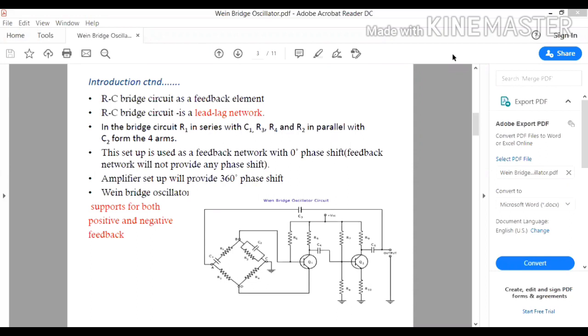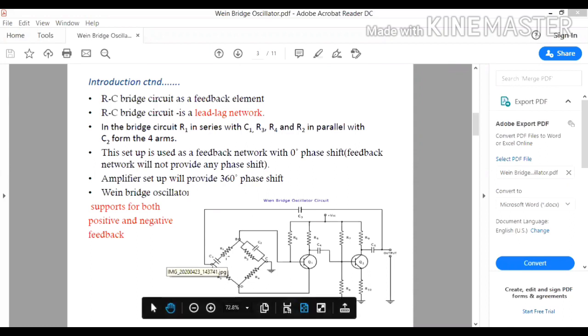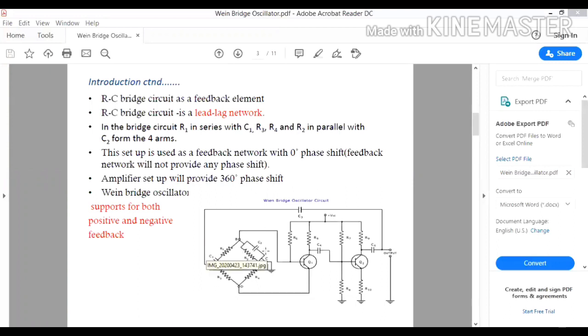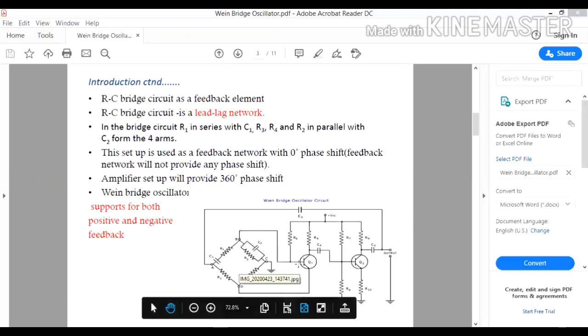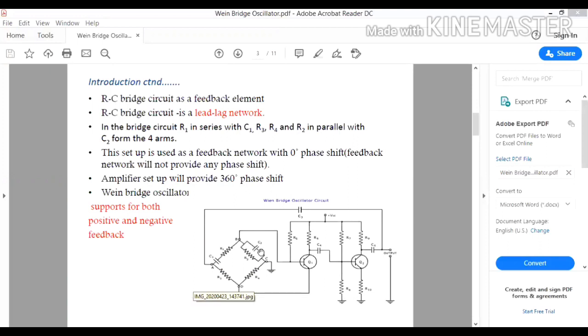The positive feedback is applied through R1, C1, R2, C2 to the transistor Q1. The negative feedback is applied through the voltage divider to the input of the transistor Q1. And R3 and R4 are used to stabilize the amplitude of the output.